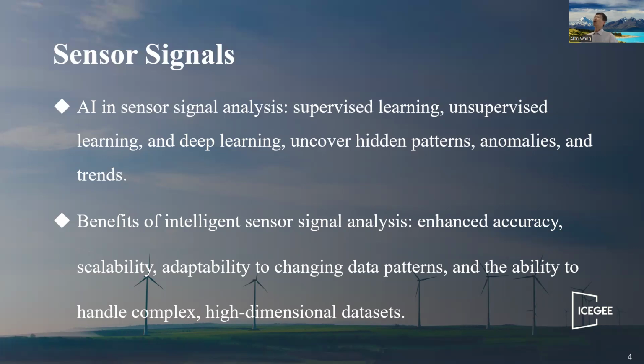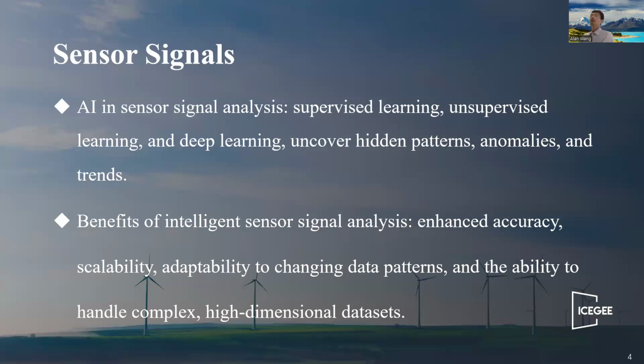With the incorporation of large language models, we can even improve the user interactions between the data analysis results and the report or the presentation of the analysis results. So in my opinion, machine learning models can be widely utilized in sensor signal analysis, but besides that, the recent large language models can also be incorporated to improve the interaction.